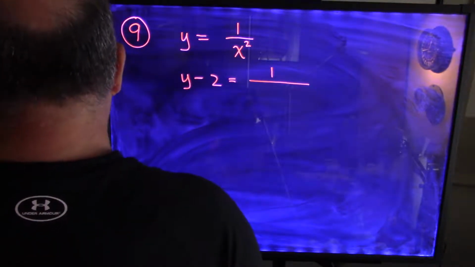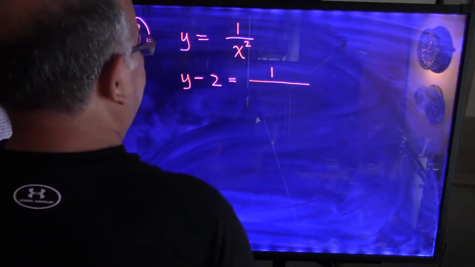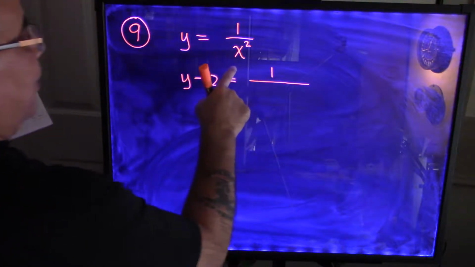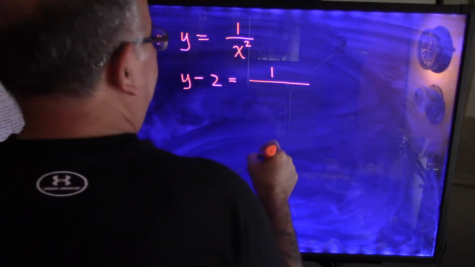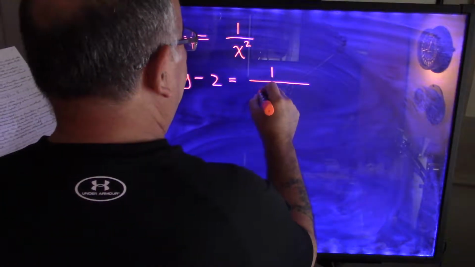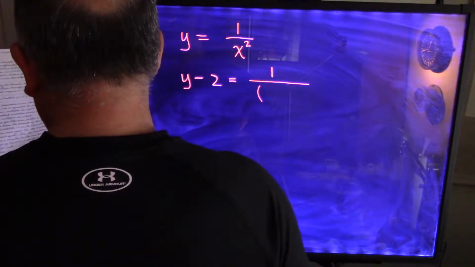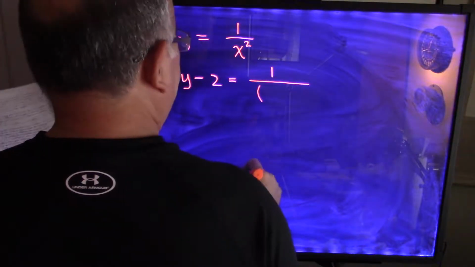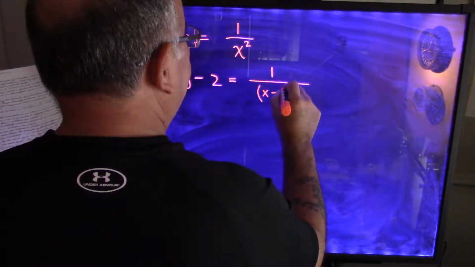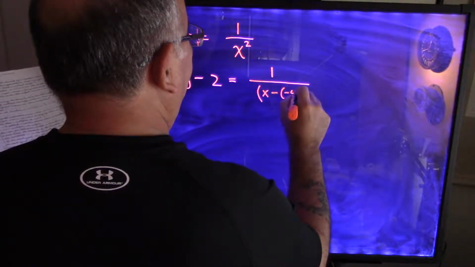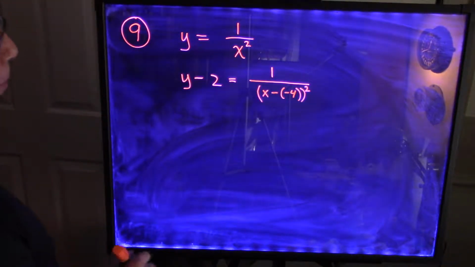And now 1 over, let's see, it is shifted to the left 4 units. So that's to the left, that's going to be next to the x. Think x-axis horizontal. And it's going to be right next to the input of x, so you put that in parentheses. And it's 4 units left, so it's going to be negative 4. So you write x minus negative 4, squared, like that.